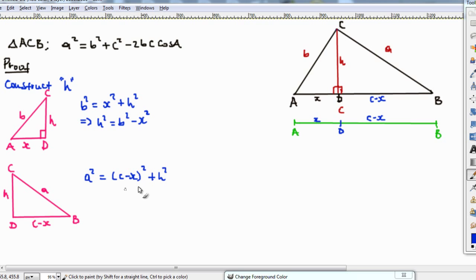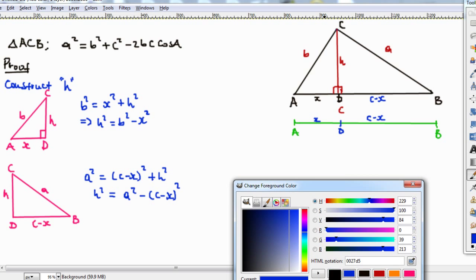And if we make h the subject, h squared is equal to a squared minus c minus x everything squared.